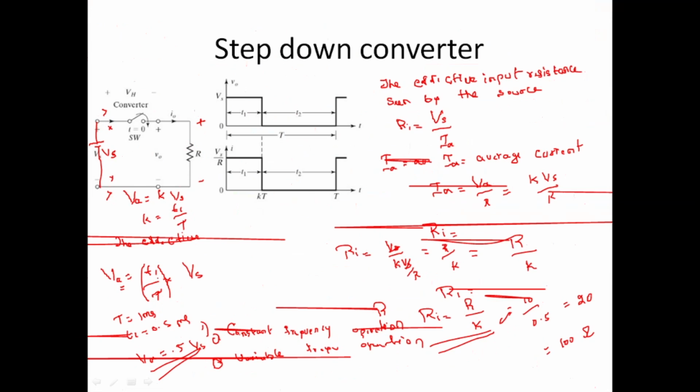So one method, as we have seen so far, T1 I should change, T I should keep constant. Another method, T1 we should keep constant and T we should vary. This is also possible.